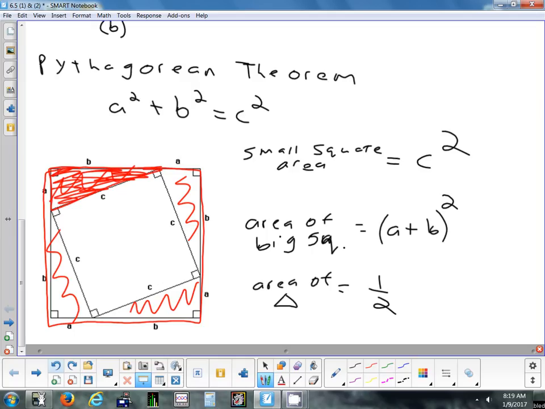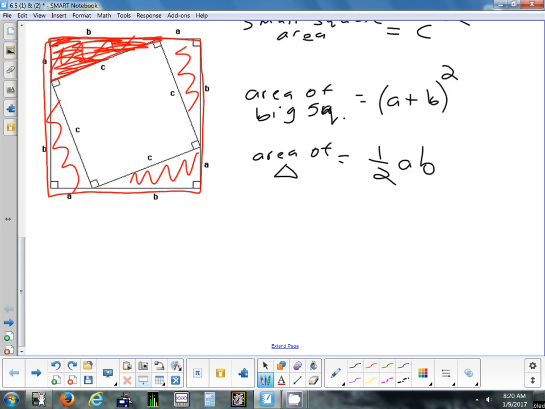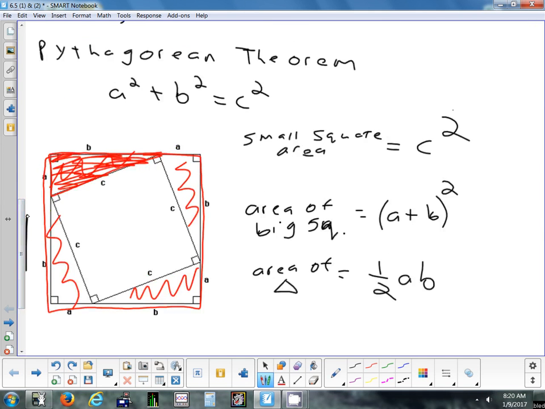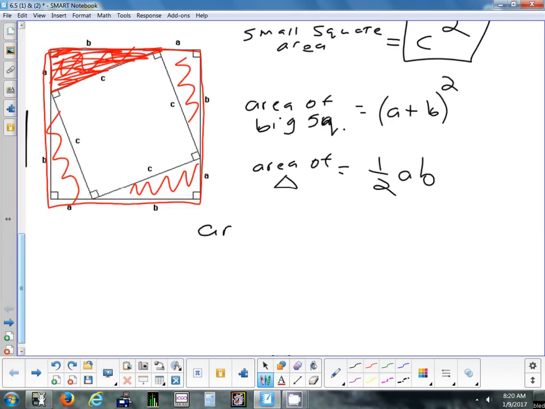What's the base of that triangle? A, or it depends on how you look at it. And what's the height? B, if you were to stand it up. So it's 1/2 AB. Now I'm going to find the area of the small square again by doing some subtraction.